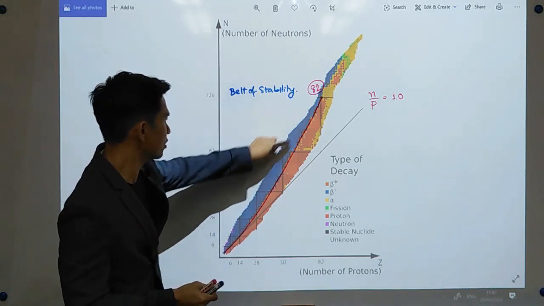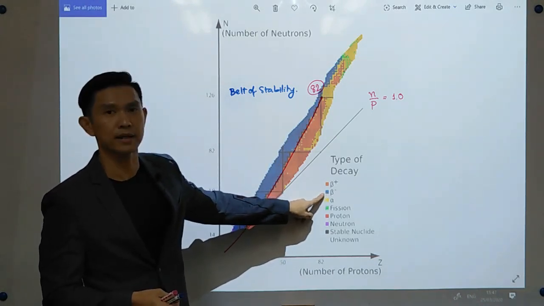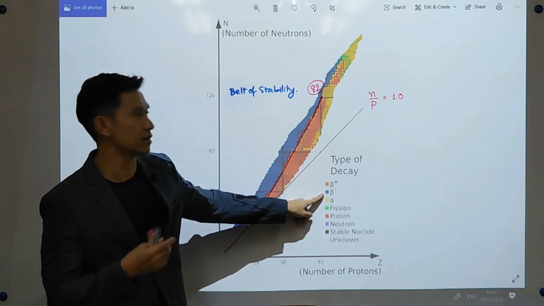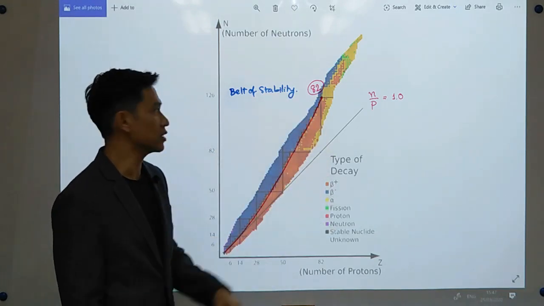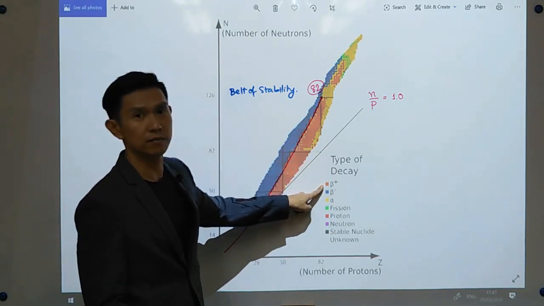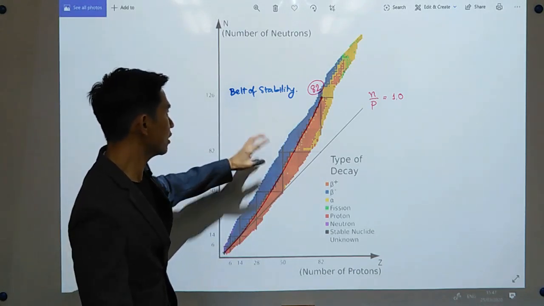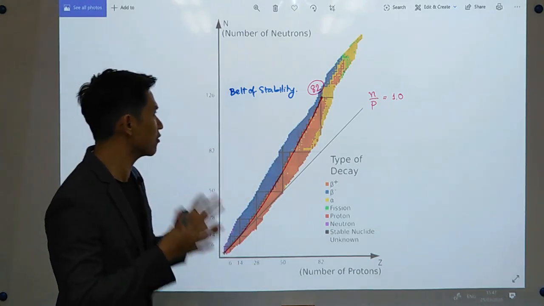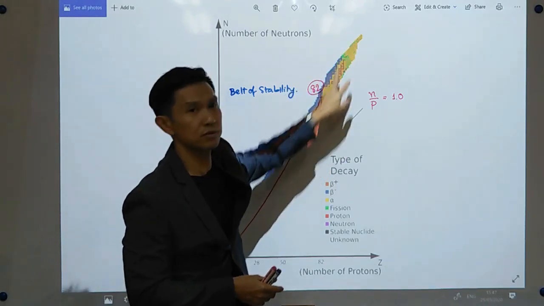So it decomposes with the blue color, giving away beta minus as the major product of radiation. So there are many reasons behind radiation. It can be divided into this color for beta plus, this color for beta minus, and if your element is very, very heavy, higher than 82, the majority is the yellow color, right?